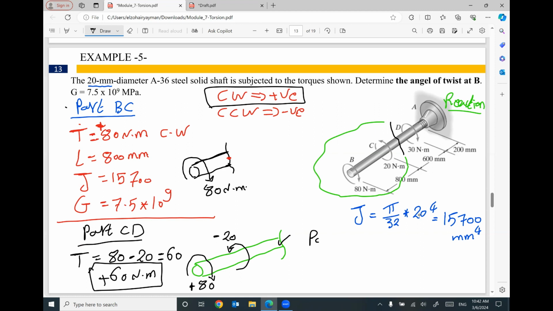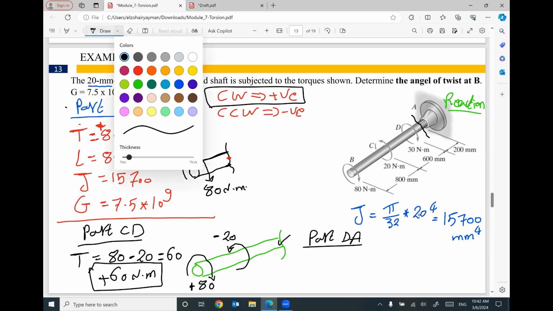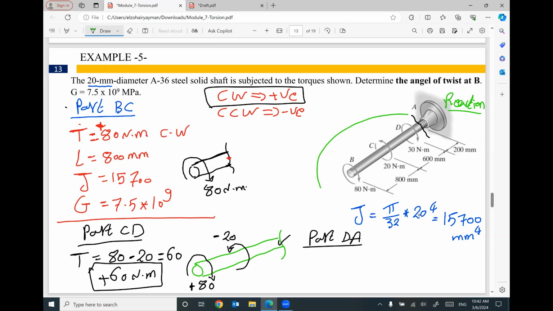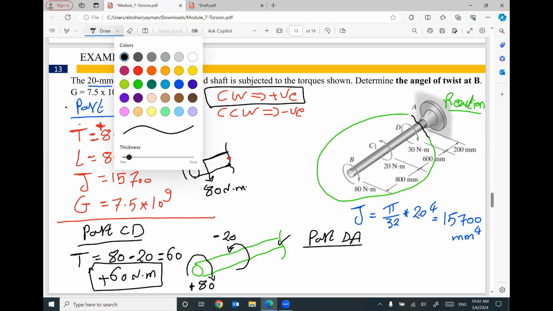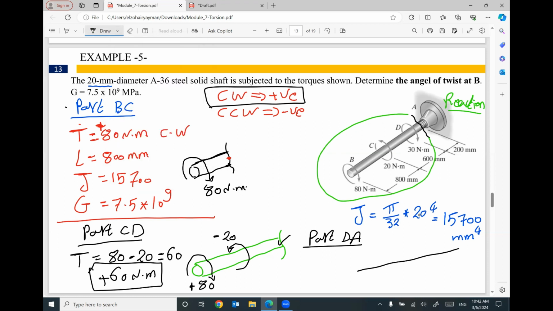For part DA, I'm going to do another cut in part DA and I'm going to use the left part. Here is your cut. We have a torque here clockwise, which is positive 80. We have here counterclockwise, which is negative 20.